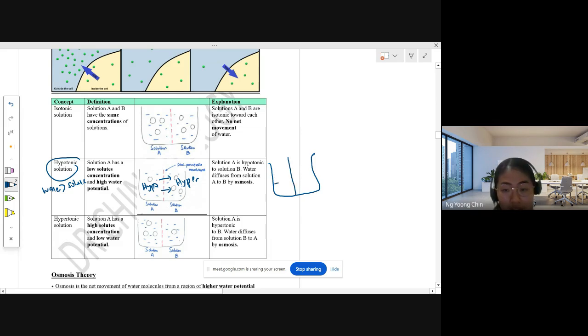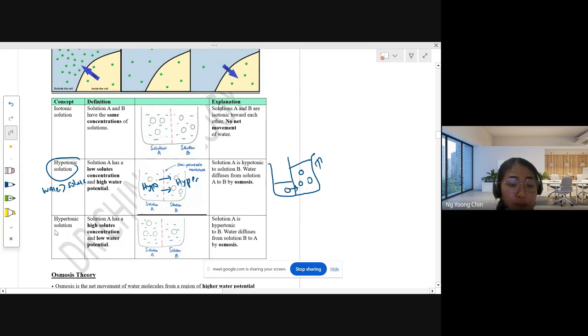They still contain 3 solutes inside. Solution A still contains 1 solute inside. Just that the water level is now different. In solution B, the water level will increase due to water diffusing from A to B.